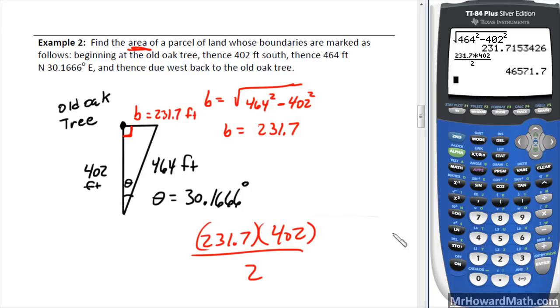And we get 46,571.7, and because the dimensions are in feet, the area would be feet squared, so square feet. 46,571.7 square feet. So that's it for this example, and that's it for this lesson.